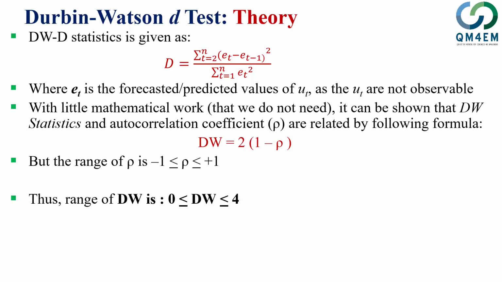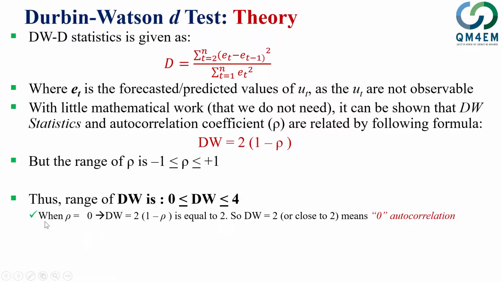So to put it, when rho is 0, it means that the error terms are not correlated at all. If you plug in rho equal to 0 in this Durbin-Watson equation, we get DW equal to 2.